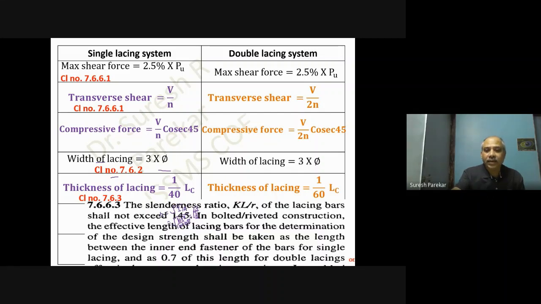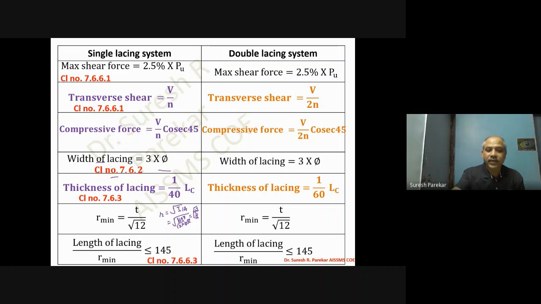Now here the slenderness ratio KL upon R of the lacing bar shall not exceed 145. We have to find the length of the lacing, and R minimum we have already calculated, and this value shall be less than or equal to 145, that is the slenderness ratio of lacing.